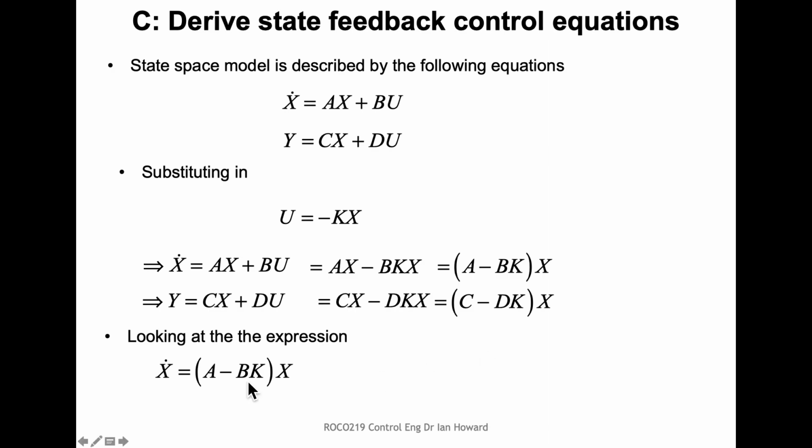The one expression is x dot equals (A minus BK)x, and for y we have y equals (C minus DK)x. So those are the two state feedback control equations after we use the input being the scaled state, scaled by the negative gain.